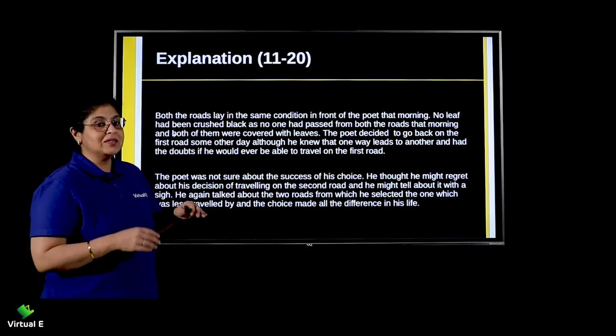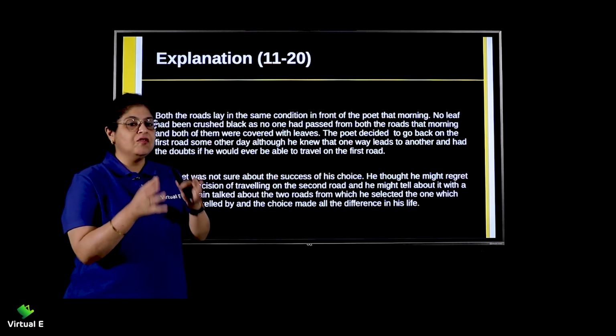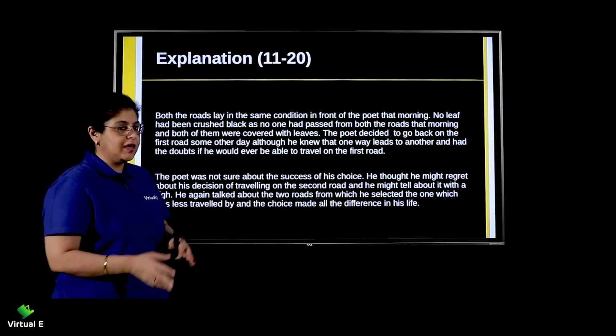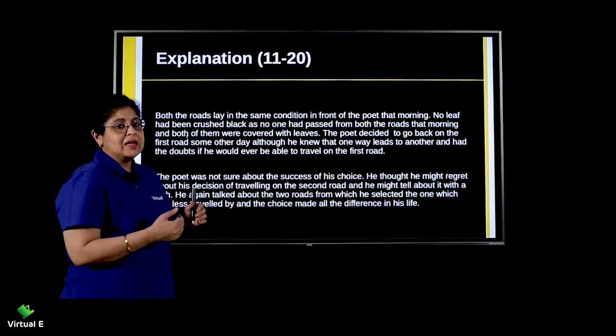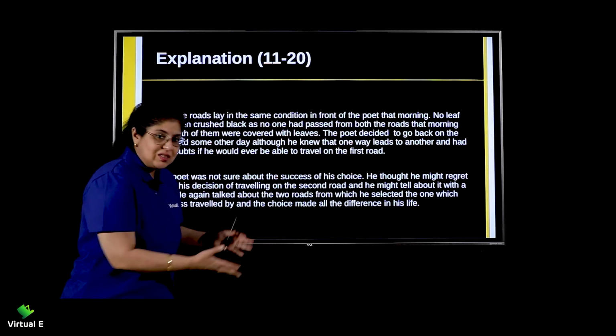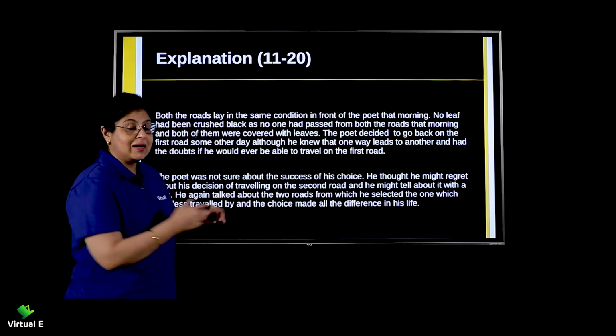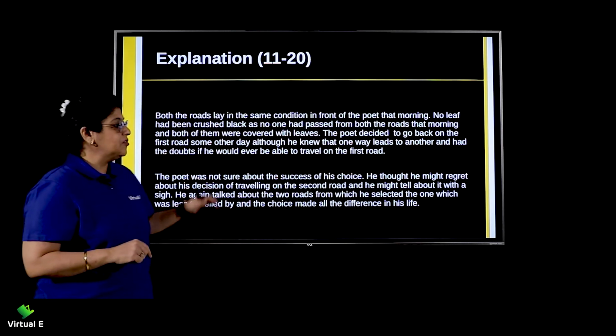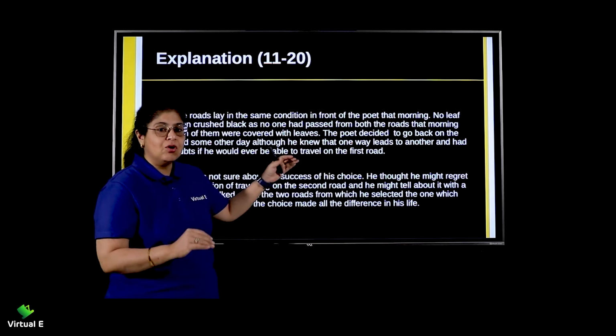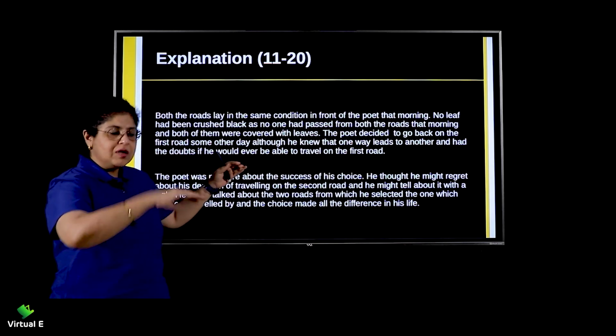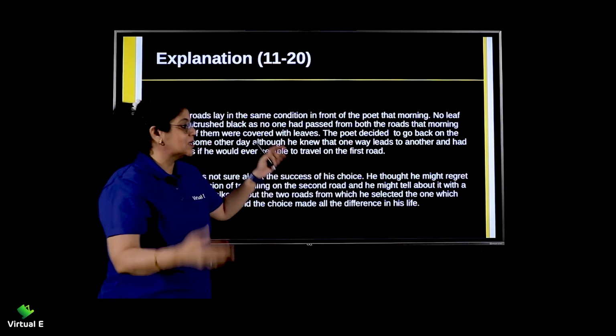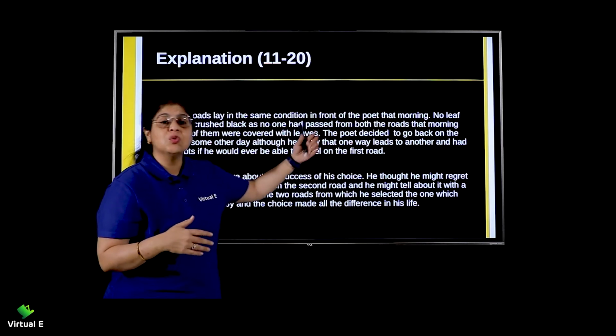He was not sure. He says, okay, today let me go for option A, road A. Maybe I'll come back someday and also visit road B and see what that has in store for me. But then he realizes that if I take road A, it will lead me somewhere else. The way leads to another.